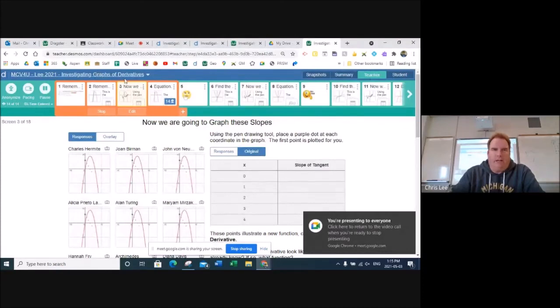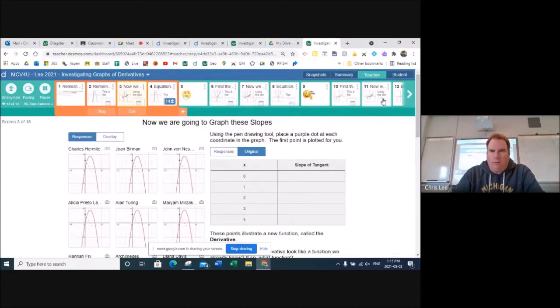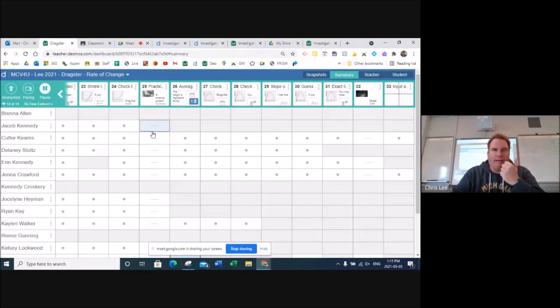You're investigating the graphs of the derivatives. You're going to continue on with this and finish this Desmos activity where you do x squared, x cubed, and x to the power of 4. And then go back to the dragster activity where you can see some people are far along and others haven't quite had a chance to go off and do that.